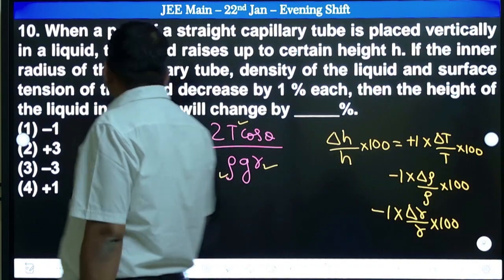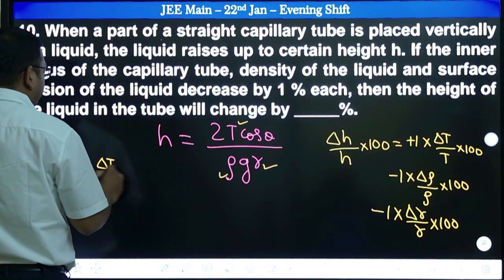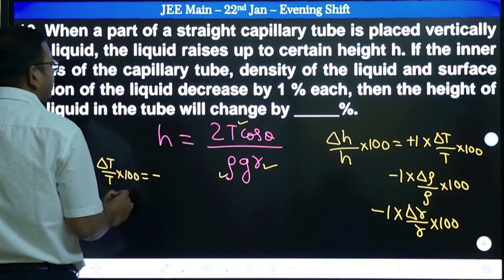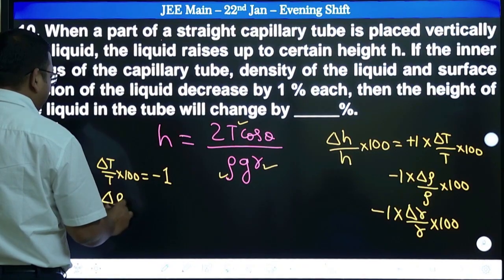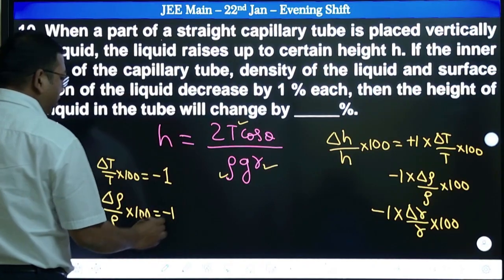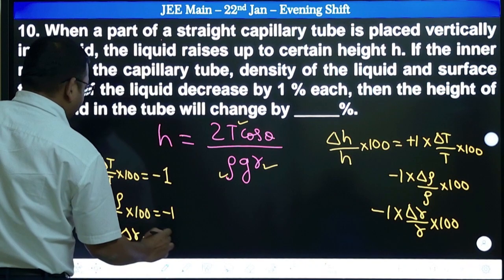So what is given in the question is the tension is decreasing, so delta T by T into 100, this is of course minus 1. Decrease means minus 1. Similarly, delta rho by rho into 100 is minus 1. Similarly, delta r by r into 100 is minus 1.